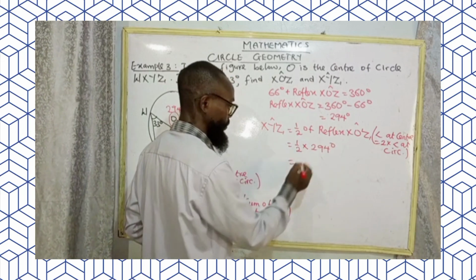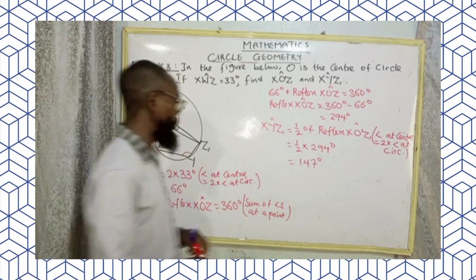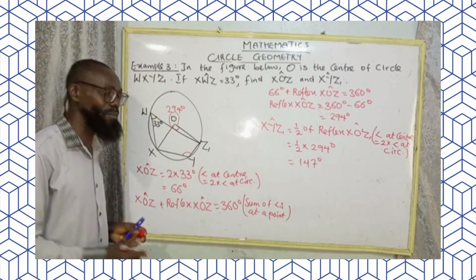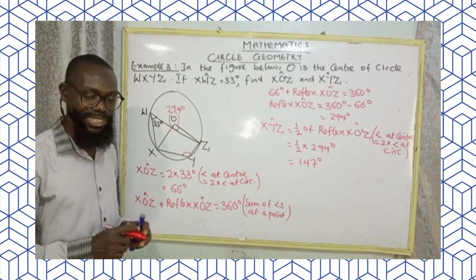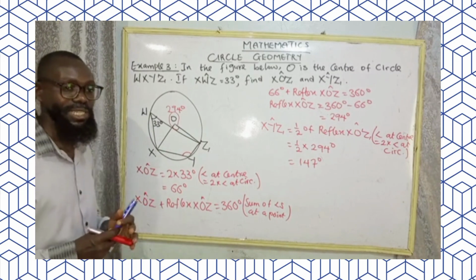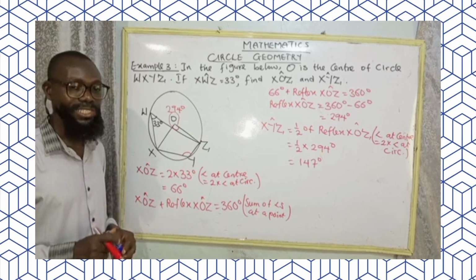So we have 147 degrees. So this is how to go about this theorem on circle geometry. That is, the angle at the center is equal to 2 times the angle at the circumference.